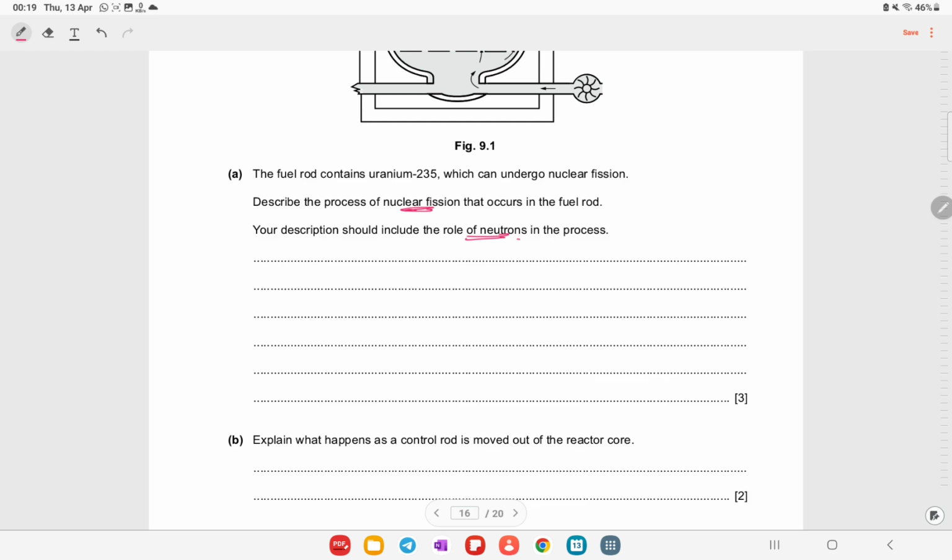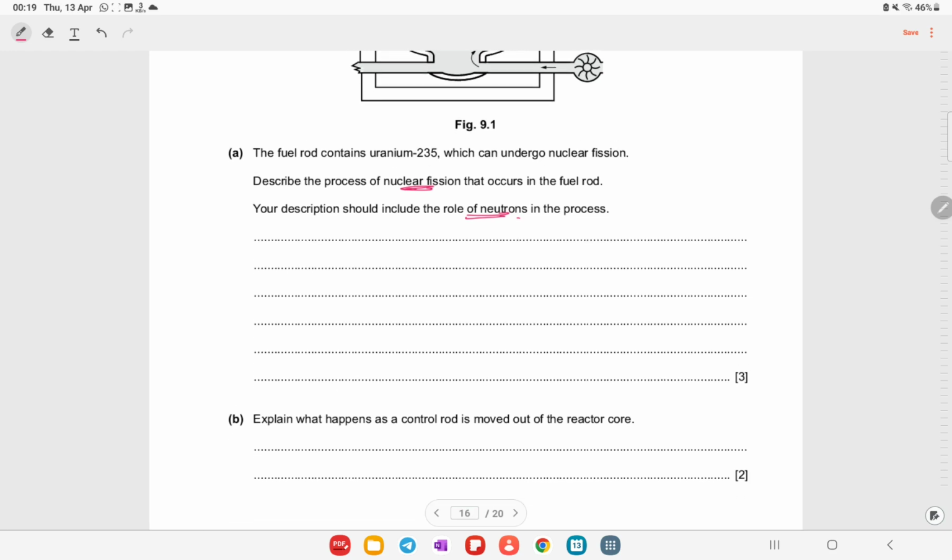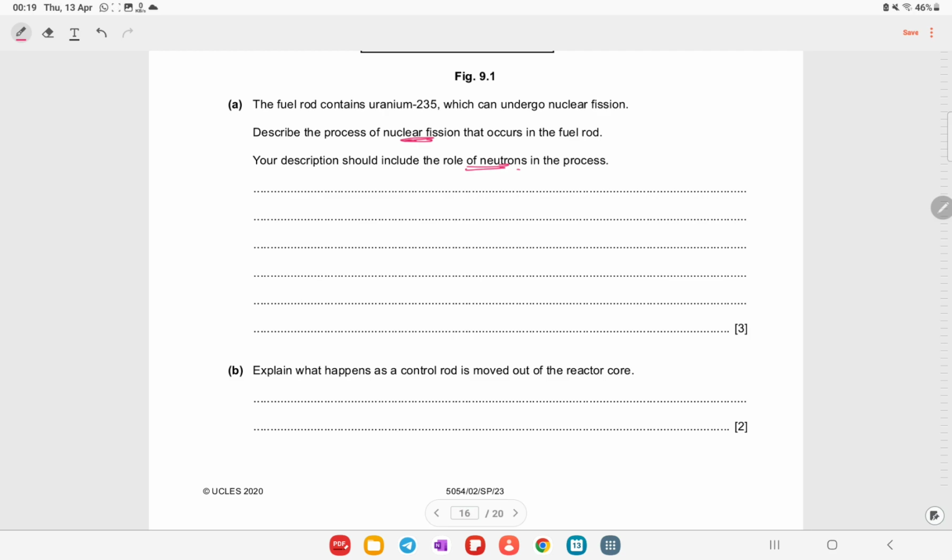So pay attention while you are attempting a question, and how you are going to solve this question is like this. Neutrons are bombarded on a radioactive element or atom, for example in this case uranium.